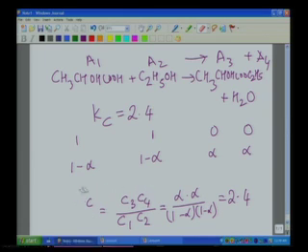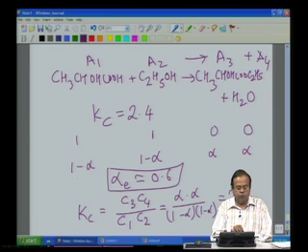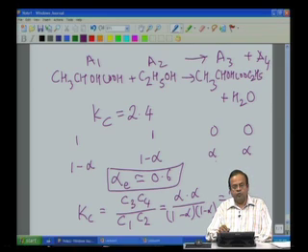So, this is my equilibrium value. There is only one unknown, alpha, and I can solve it and I get alpha at equilibrium approximately 0.6. What this implies is that at equilibrium, if we start with 1 mole of lactic acid, at best you can get 0.6 moles of ethyl lactate. The reaction cannot proceed beyond that, roughly 60% conversion.